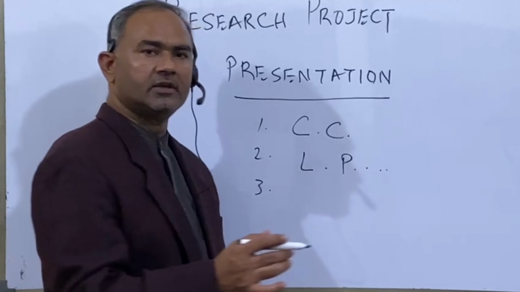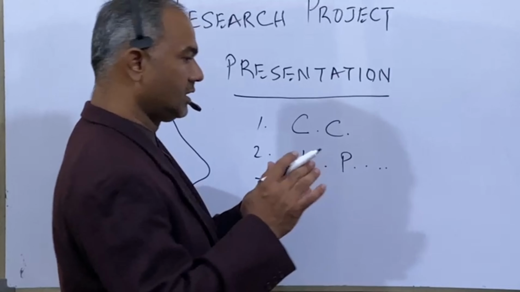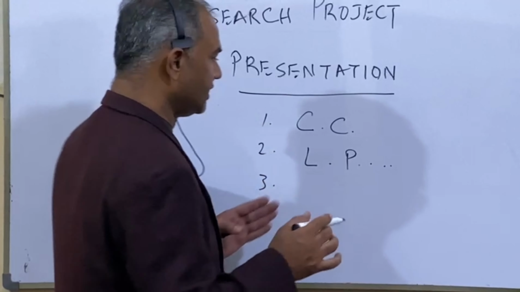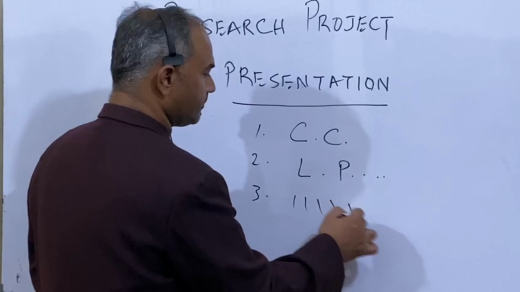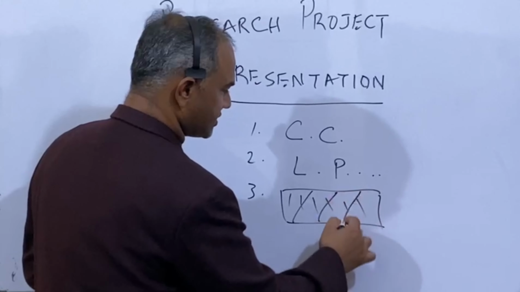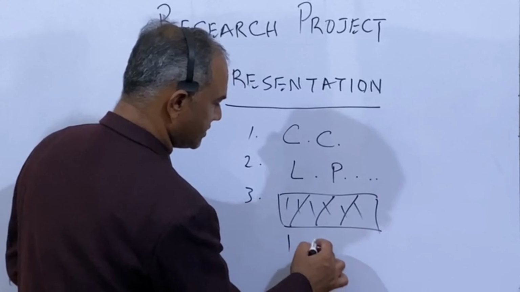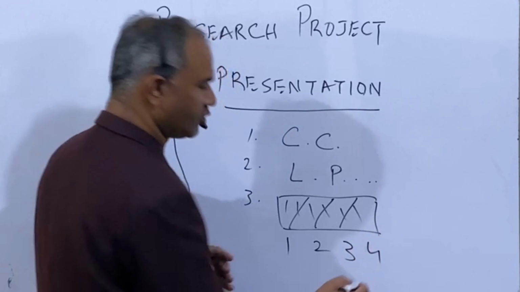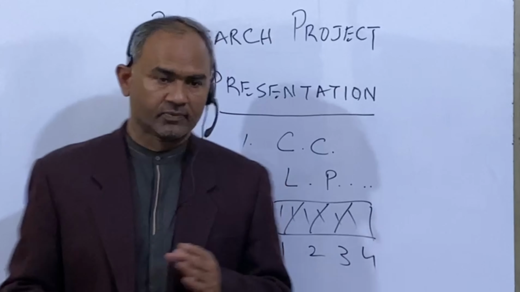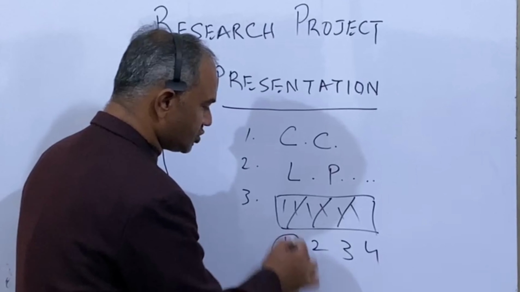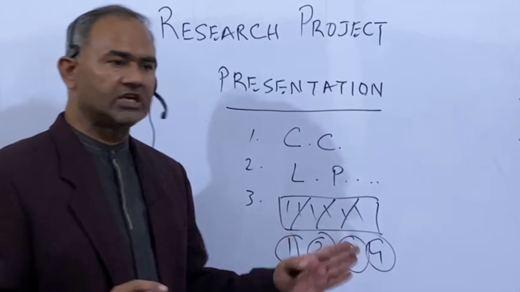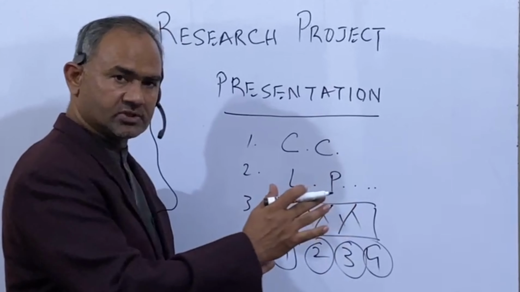The third one is a problem that people mostly face in their research presentations: they don't know about the area of their divisions, which areas, the 0.1%, 0.2%, 0.3%, 0.4%, they are going to elaborate on in their presentation discussions. So all the members who are presenting must know about the presentation divisions.